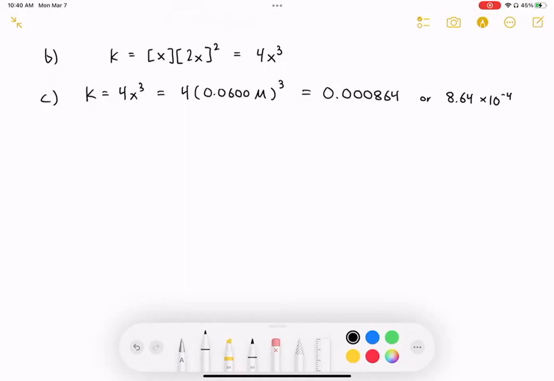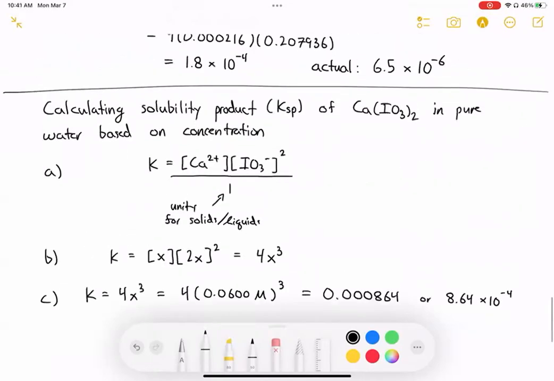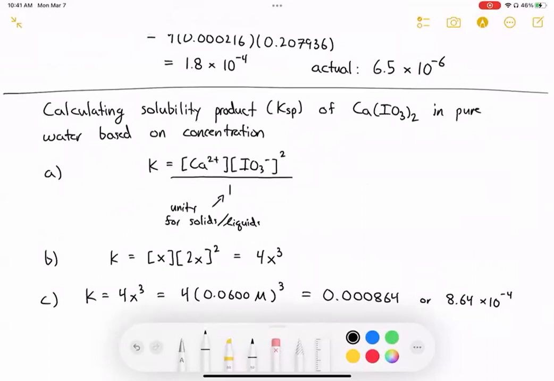Okay, so these are the numbers. We are quite off, not near the value we want, but it's decent. So that's the concentration. All right, so we did calculate the KSP based on activity and concentration now.